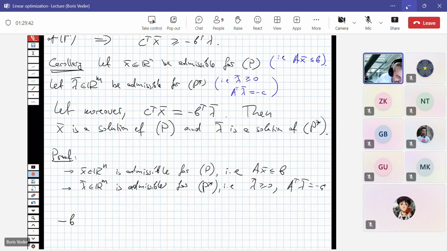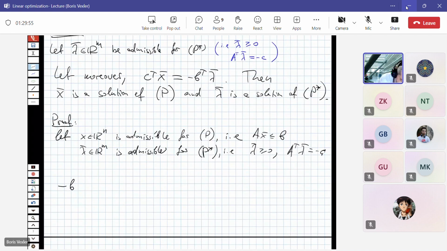Now we take an arbitrary, since we would like to prove these are solutions, let X be an admissible point for P, just admissible point, A X less or equal B. And the same thing, let lambda be an admissible point for P star. It means that lambda fulfills this.